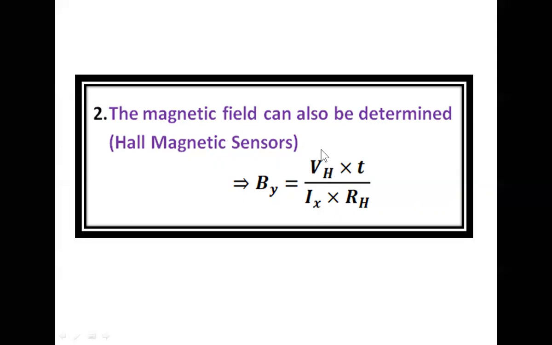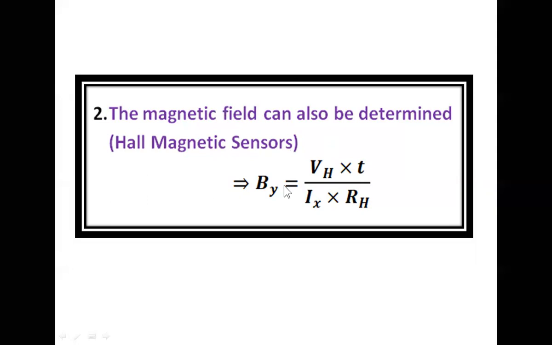That means VH is the Hall voltage that is measured, T is the thickness of the block, Ix is the current flowing through the semiconductor, and RH is the Hall coefficient of the particular semiconductor that we are using. That means we are taking a semiconductor block for which we already know the value of Hall coefficient, and we are trying to measure the magnetic field that is applied.